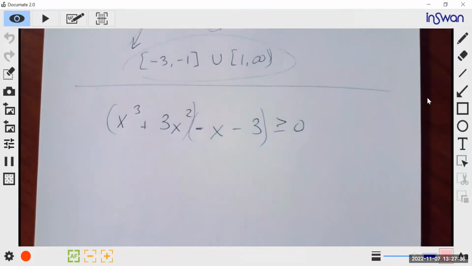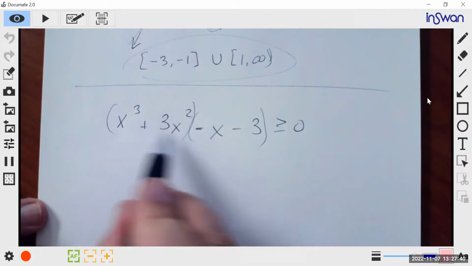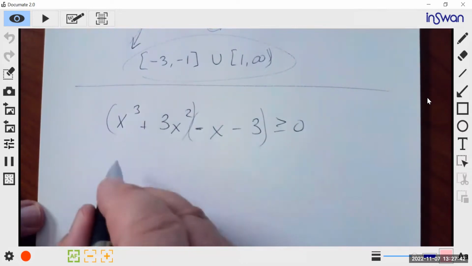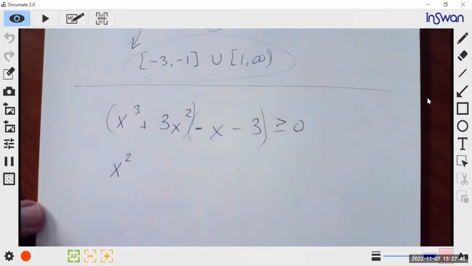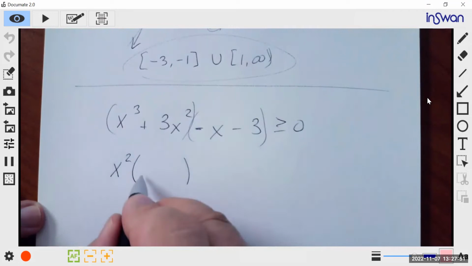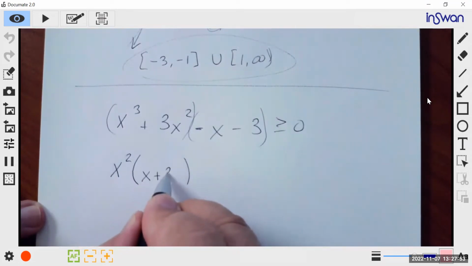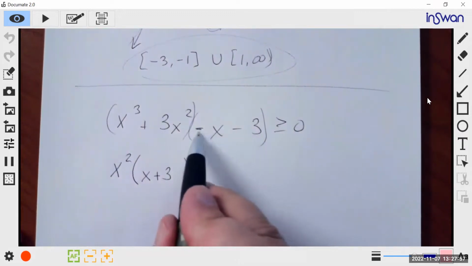That would have been a perfect guess. So in the first one, what do they have in common? They both have 2 x's. So if I take out 2 x's, what am I left with? X plus 3.